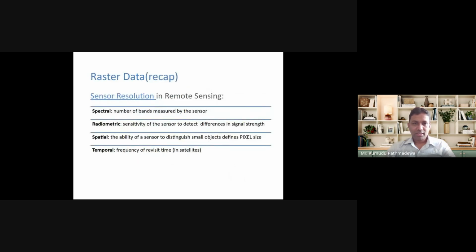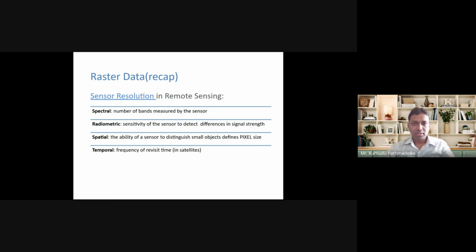Also, we discussed last time the raster data resolution. What are the resolutions we talk about in remote sensing? Remote sensing sensors are defined by four types of resolution, as you can see. Spectral resolution refers to the number and width of spectral bands.